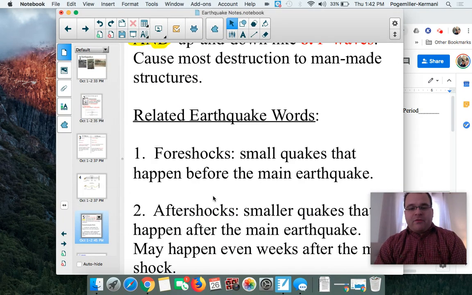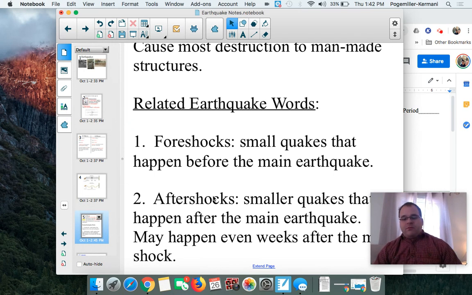And a couple of quick words, aftershocks and foreshocks. So think about foreshadowing, something happening before the main thing happens. So a foreshock is a tiny earthquake before the main earthquake, and an aftershock is any tiny earthquake after the main one.